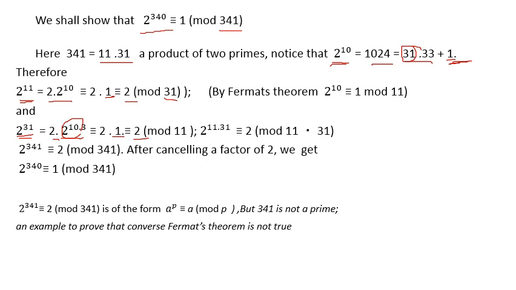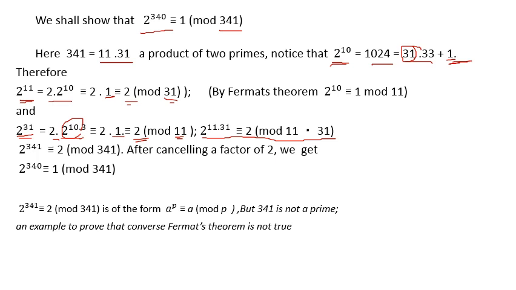So we have two numbers, 2^11 and 2^31, both congruent to 2 for different moduli, 31 and 11, interchanging the numbers. So p and q. The previous lemma gives you the result: 2^pq is congruent to 2 modulo pq.